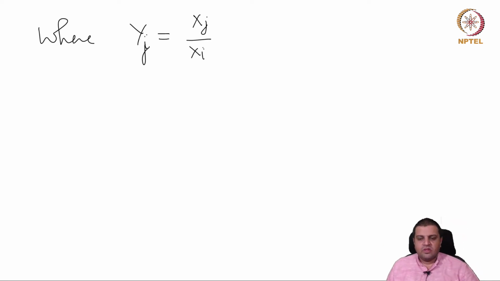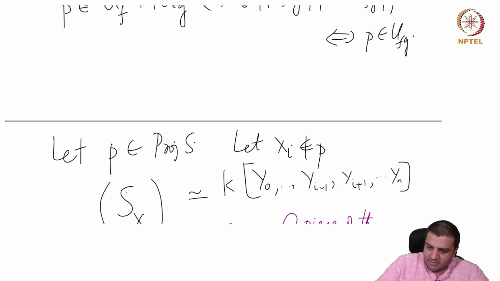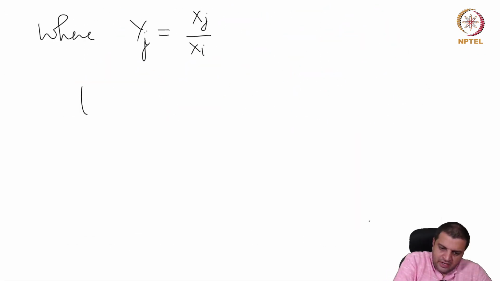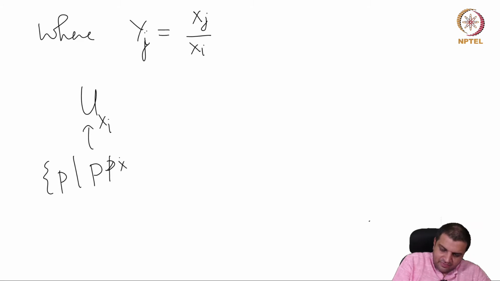Okay. So this one can check. So this is what this is. And so we have now two topological spaces. We have U_xi, which was all the homogeneous prime ideals not containing xi, so this is P in Proj S not containing xi.